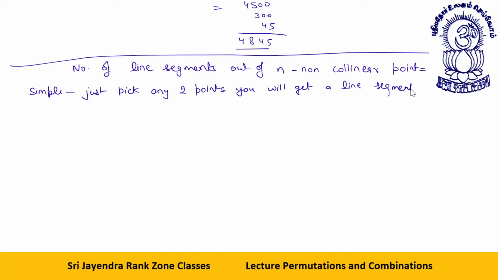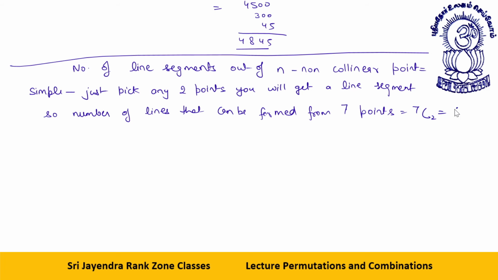Okay, so the number of lines that can be formed from 7 points is equal to 7C2, or summation 6. What is summation 6? Summation 6 is 21. Okay, dear students, summation 6 is 21.